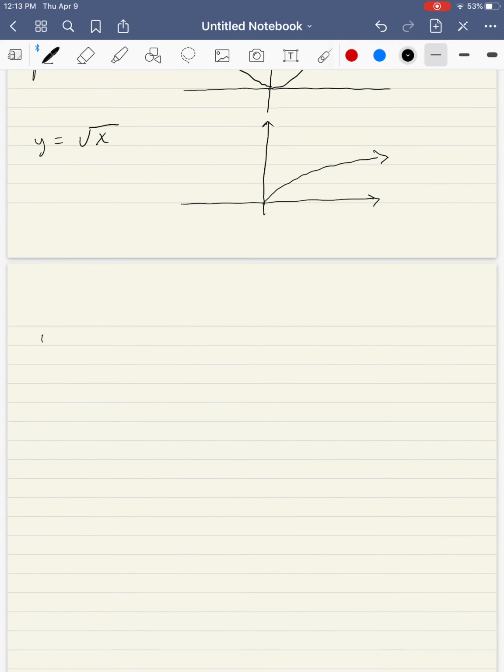Our next basic graph is y equals x cubed. X cubed is a cubic function.